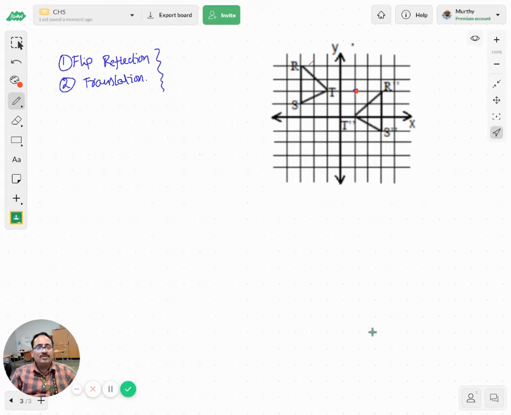Then R prime is 1 block, 2 blocks, 3 blocks. Then 1, 2, 3, and here is going to be R prime, and this is T prime, and then S is 1, 2, 3, 1, 2, 3. So sometimes they may overlap. So let me use straight edge.